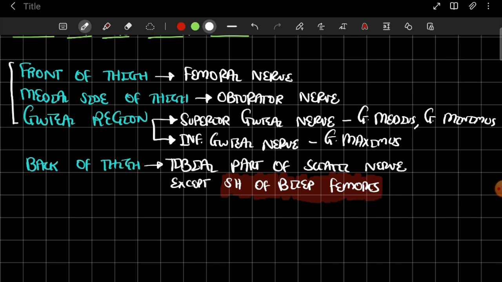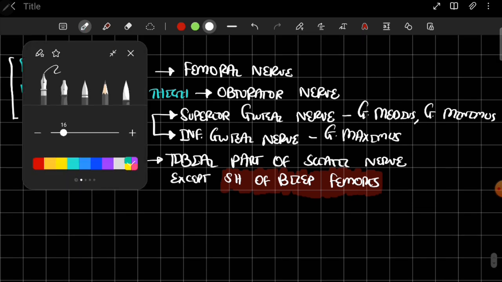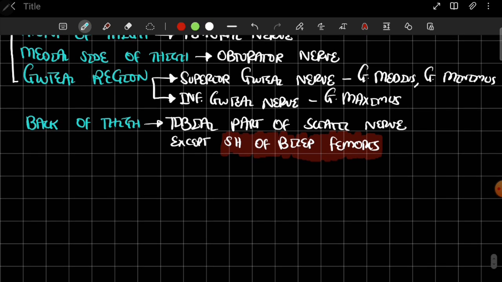We already have drawn diagrams for those. But for the back of thigh, then the back of leg, front of leg, and the lateral compartment of leg, we are going to draw a single diagram which will clear all your concepts about the nerve supply of the lower limb. Don't get confused, we will just discuss it.